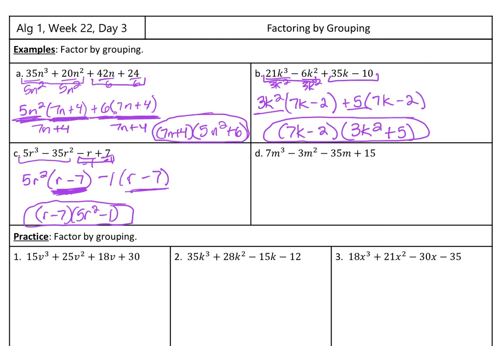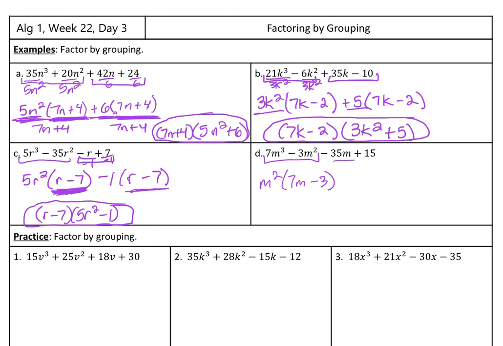Something kind of similar, I think, is going to happen on this one. So these two do not have a number in common, but have an m squared. So that leaves us with 7m minus 3. Lots of 7s on here.